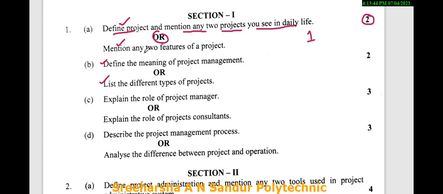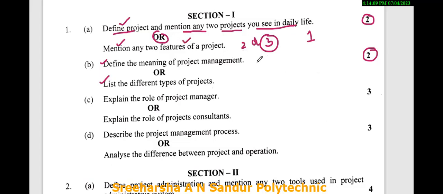And here, mention any 2 features of the project. When we are discussing functions or features, and the marks allotted are only 2 marks, then I suggest you write 2, or better, write 1 extra, that is 3 points for this.